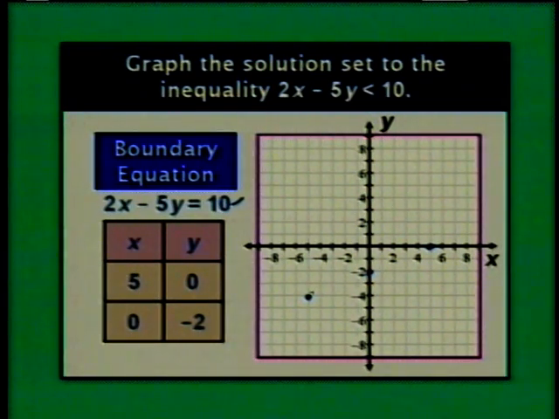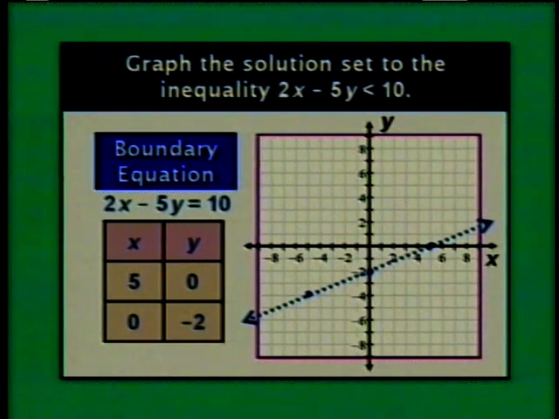When I connect these dots, I need to notice that the inequality is strictly less than, so my boundary needs to be dashed or dotted. Alrighty, so now the issue is, which side of the line do we need to shade? I know what some of you are thinking. Some of you are thinking there's a less than sign, so we need to shade below the line.